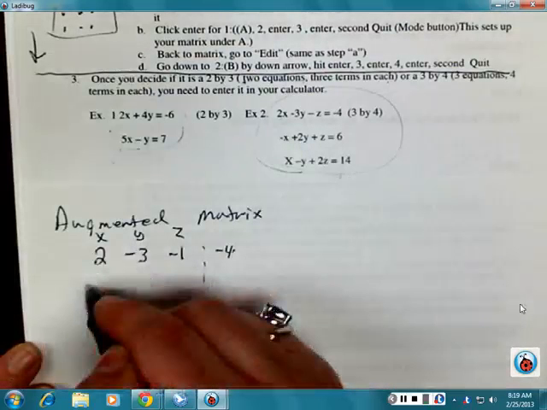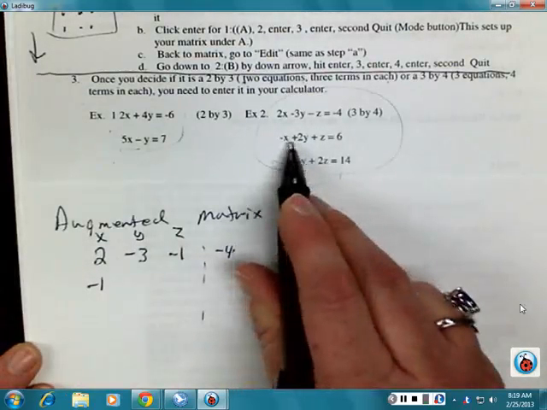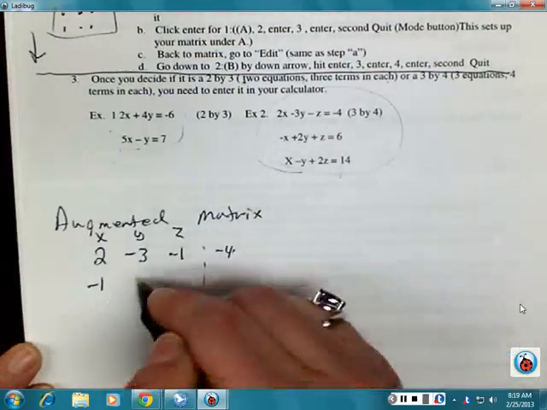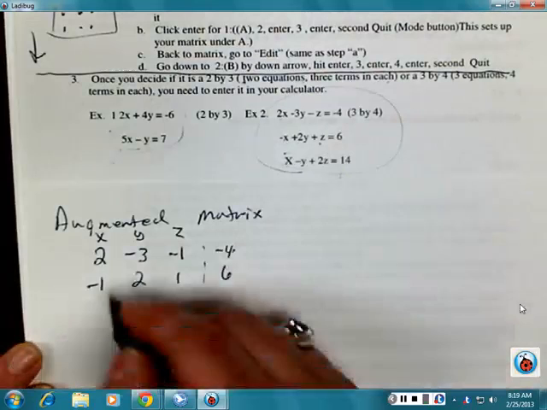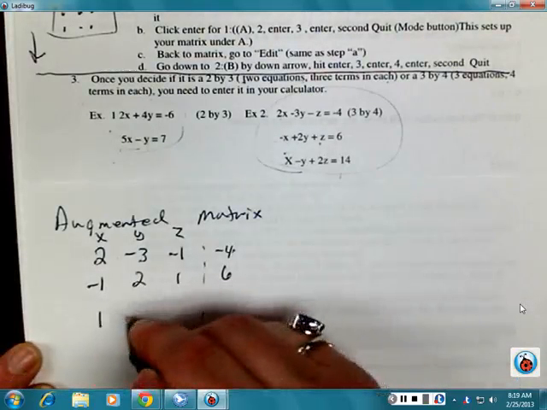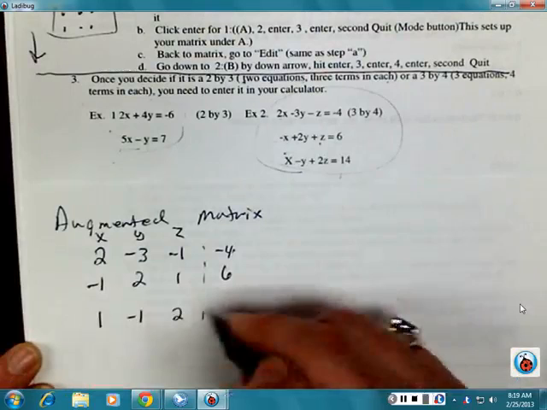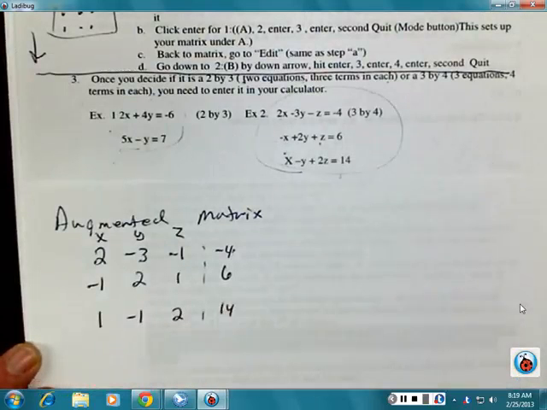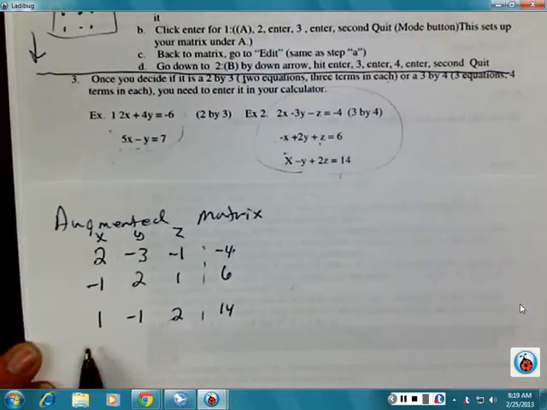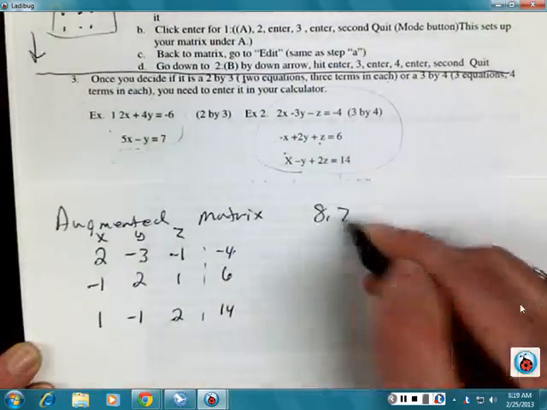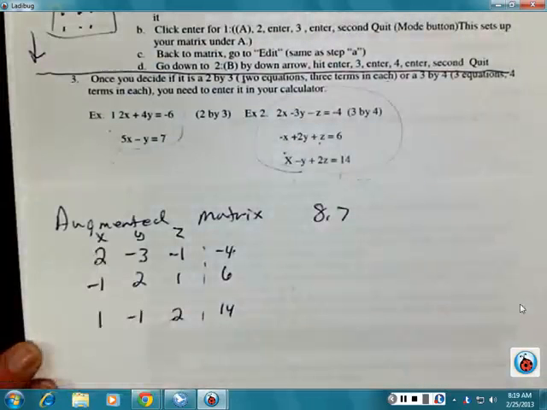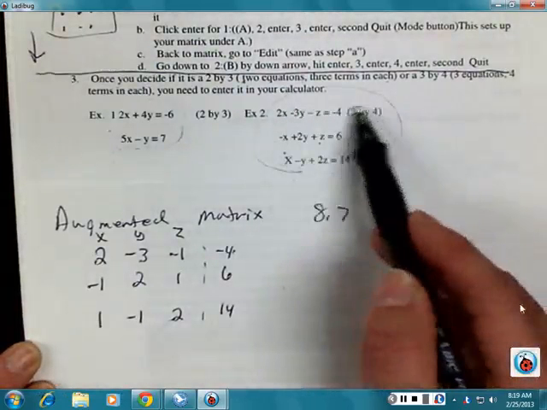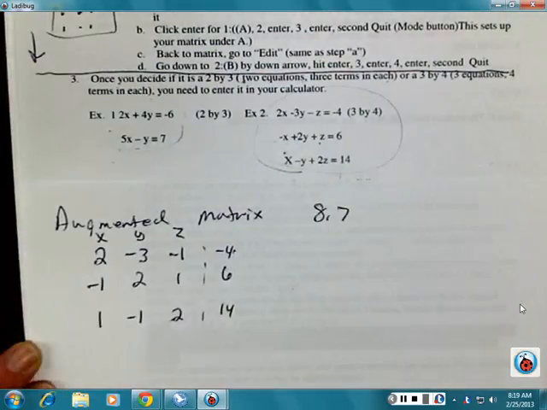So then the next one is a -1. The sign in front of it tells me the sign of the number. A +2, a +1, and a 6. And then the bottom one is a 1, a -1, a 2, and a 14. This is augmented. So if you run across in 8.7 something that asks you about an augmented matrix, that's what you have in there. Okay? So basically all you're doing is taking your numbers from up here and sticking those into that category.